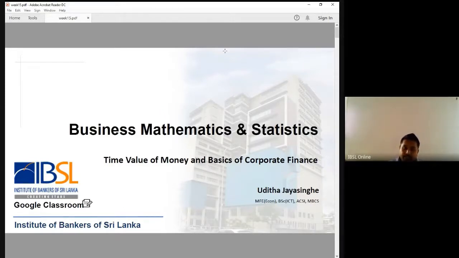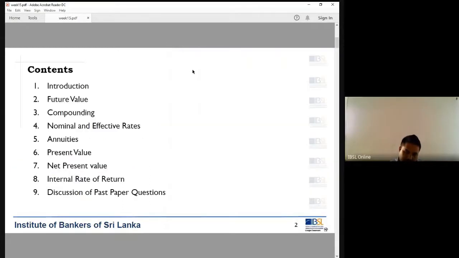Especially, you will learn more on this subject area under your financial management subject in the next level of the IBSL curriculum. Having said that, this is the expected content to be covered today. We'll first look into the future value.